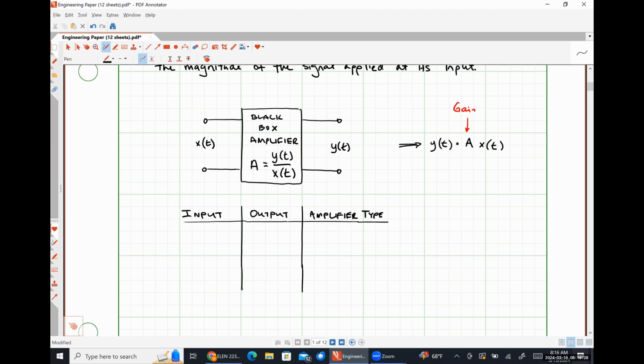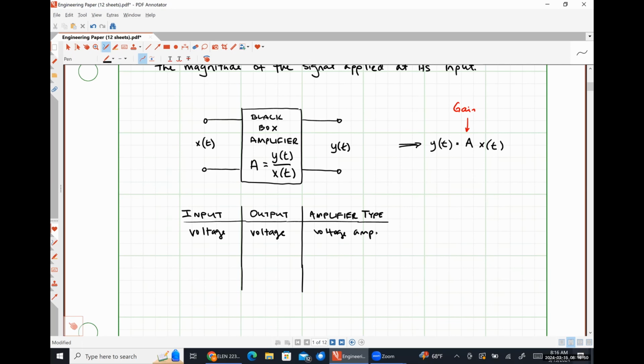And so let's say that our input signal was a voltage and our output signal was a voltage. Very unsurprisingly, this would mean that we have a voltage amplifier.